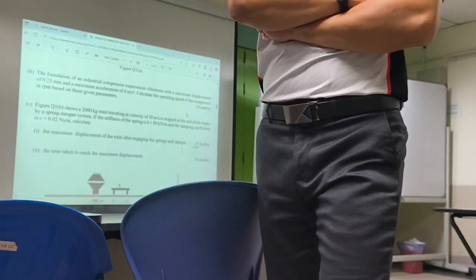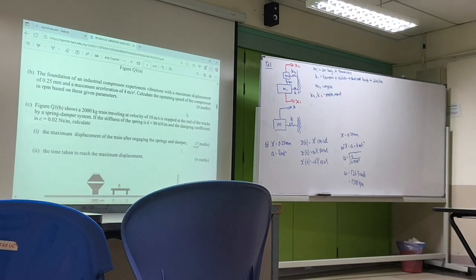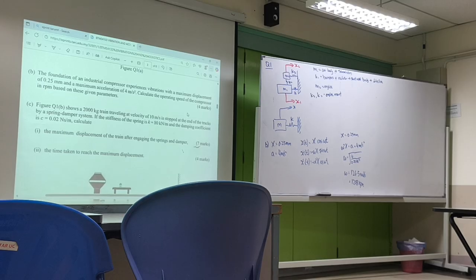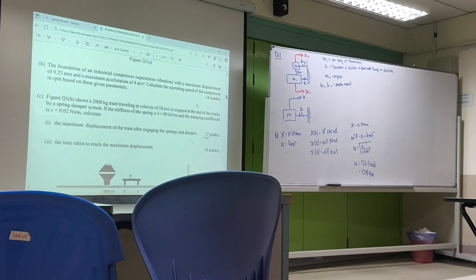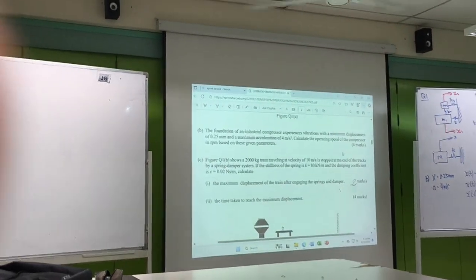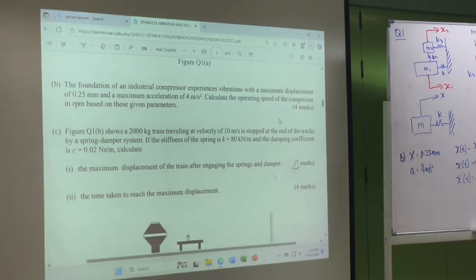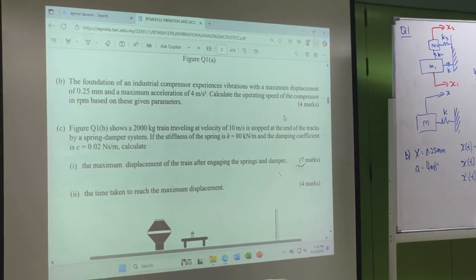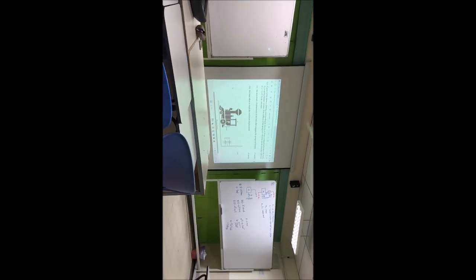Okay, then try question C. 25 marks in total. When you see the marks are only 4 marks, you can expect the solution is quite short. The speed we will consider as an initial velocity for displacement.